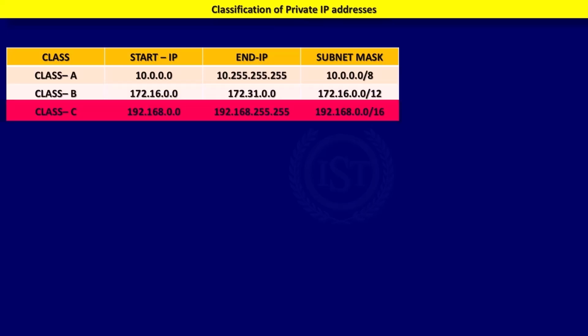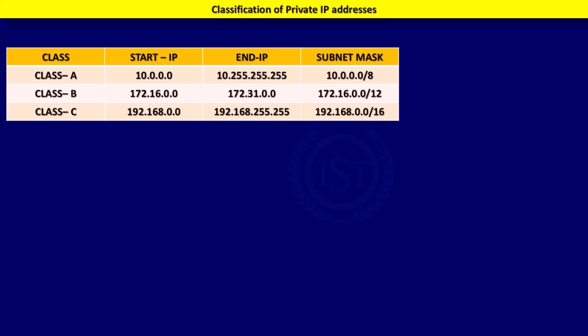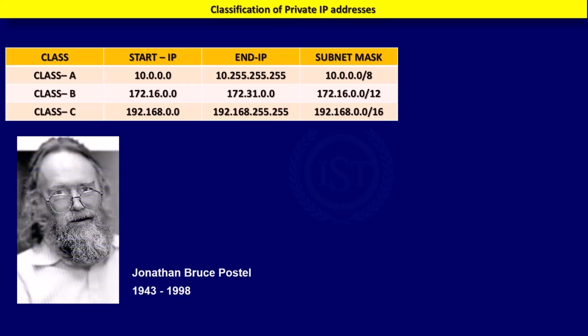Class C 192.168.0.0 to 192.168.255.255, and the subnet mask notation is 192.168.0.0/16.